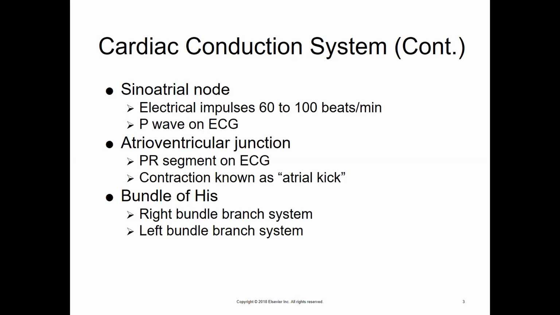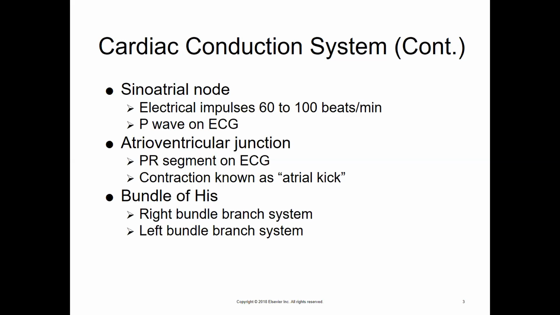And usually it will send impulses 60 to 100 beats per minute. Then it goes to the atrioventricular junctional areas. There's a short delay between that S1 and that S2, allowing the atria to contract and the ventricles to fill.